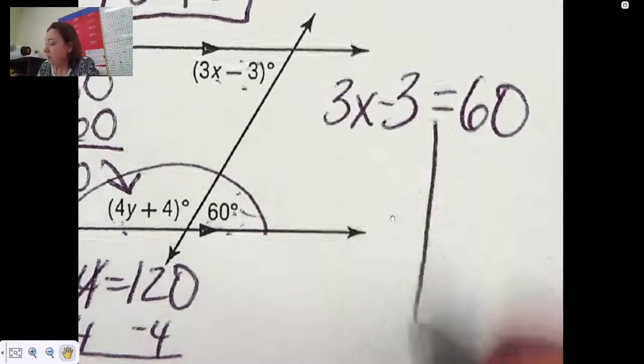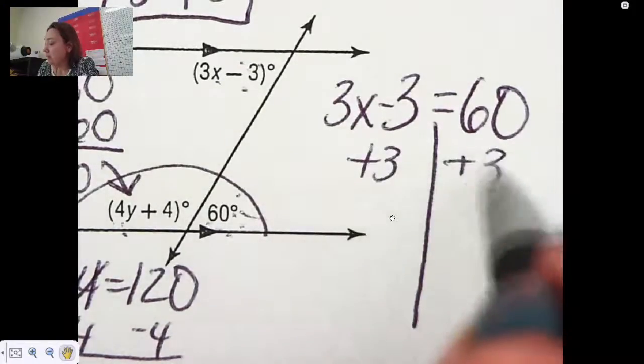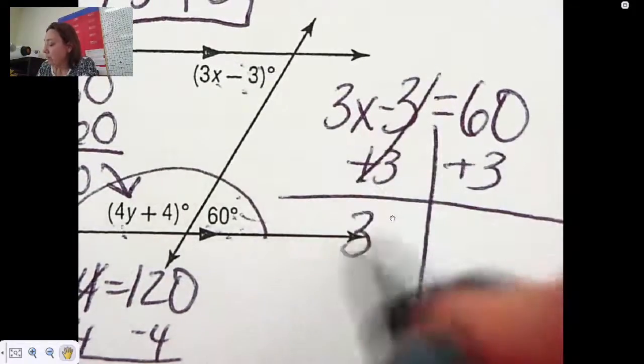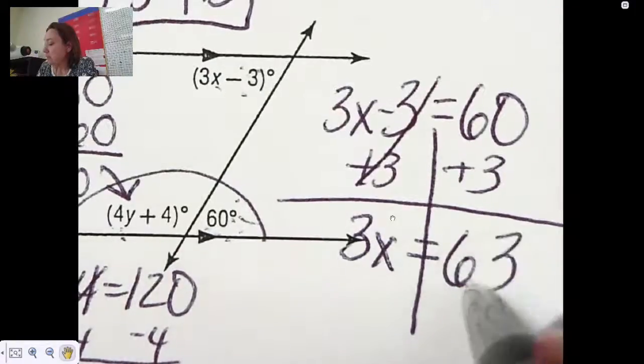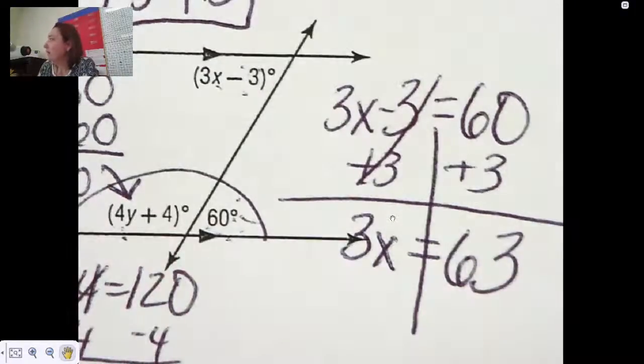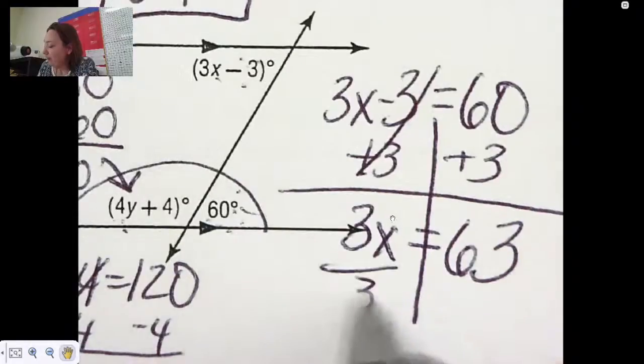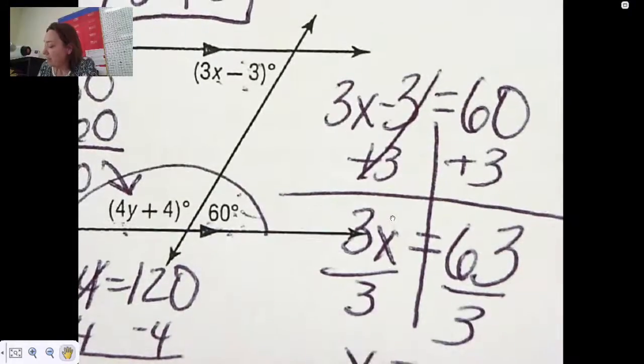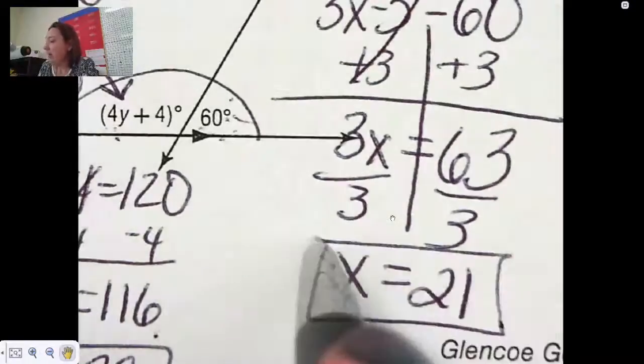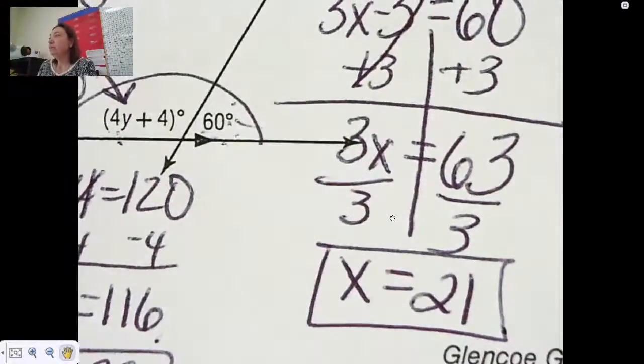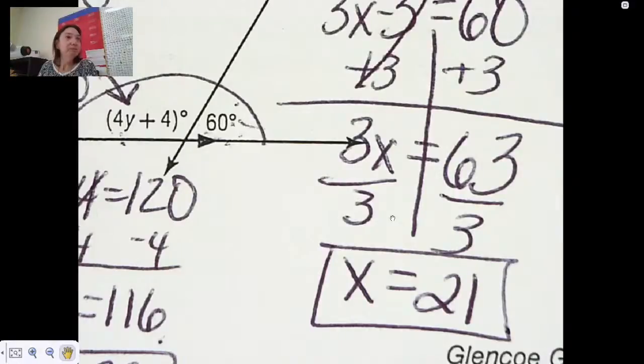And then we're going to solve it. So we're going to add 3 to both sides. And we get 3x equals 63. Divide by 3, and x is 21. Is that right? Y'all watch my math because y'all know I'm half crazy. So x is 21.